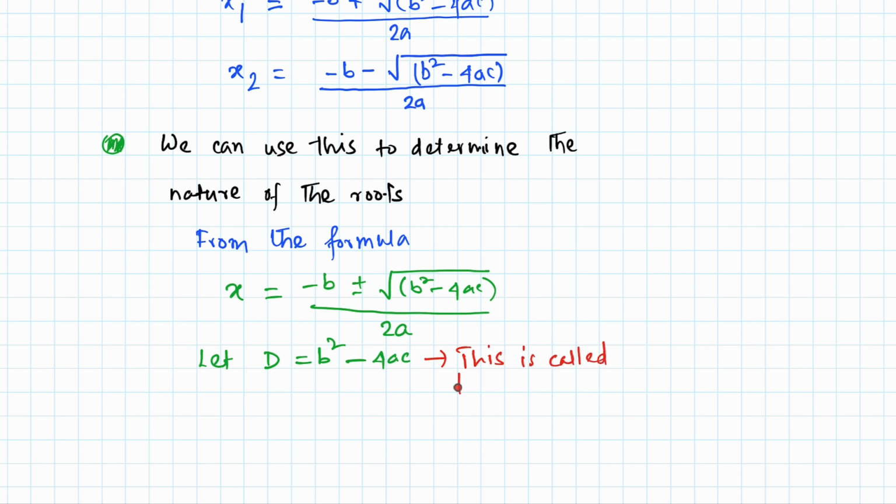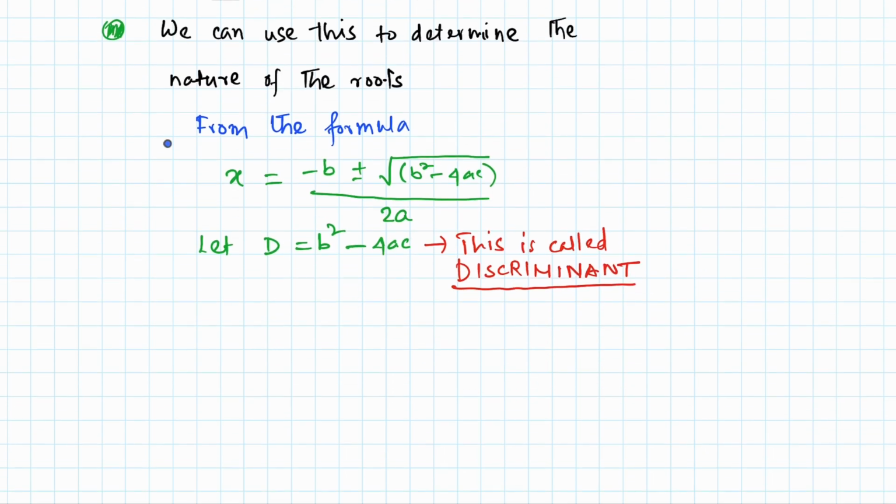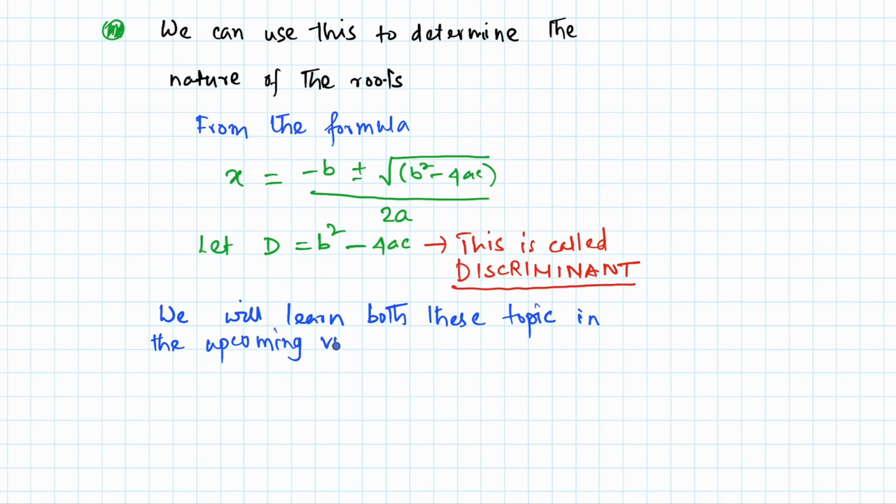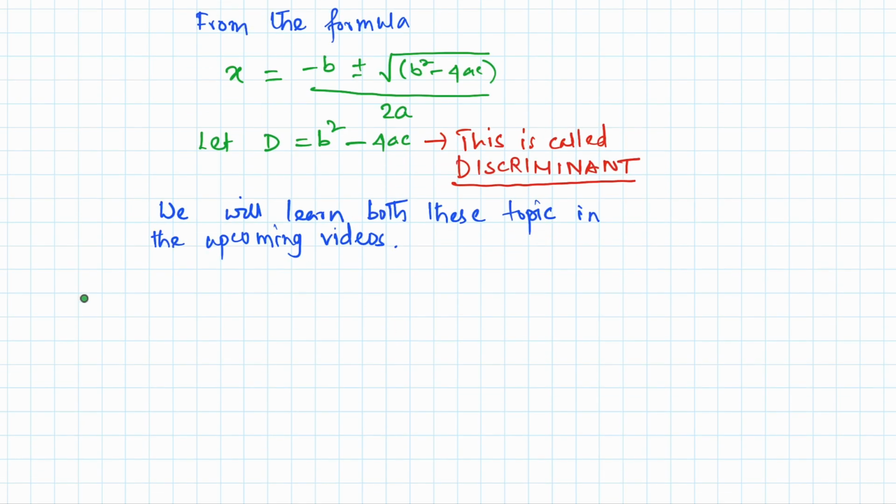This is called the discriminant. This is very important, and from this discriminant we are able to find the nature of the roots. We'll learn this topic in the upcoming videos. One by one we'll take it, and we can see how we apply this formula to solve for the variable x of the given quadratic equation, and also how, using this discriminant, we can find the nature of the roots.